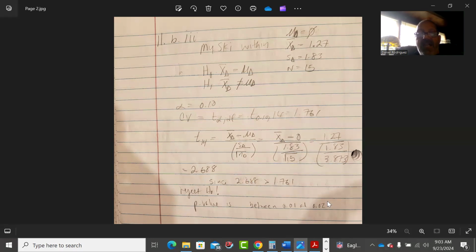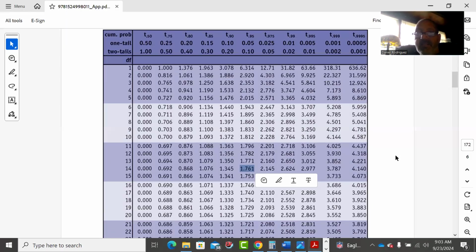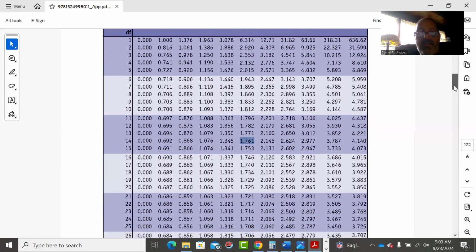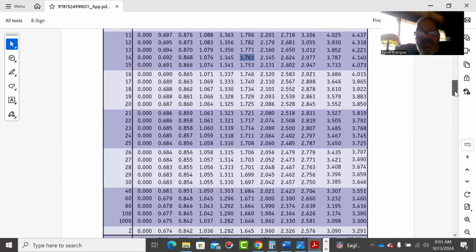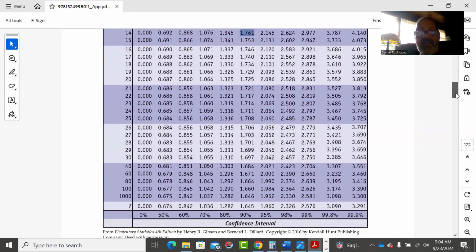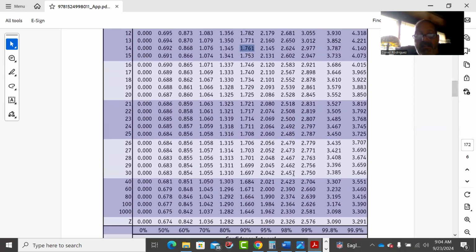I can actually find the p-value for 2.688. Here, let's go down this column. Here, right here.